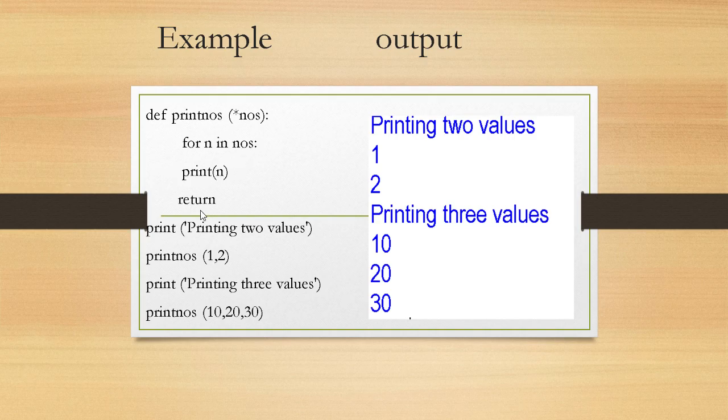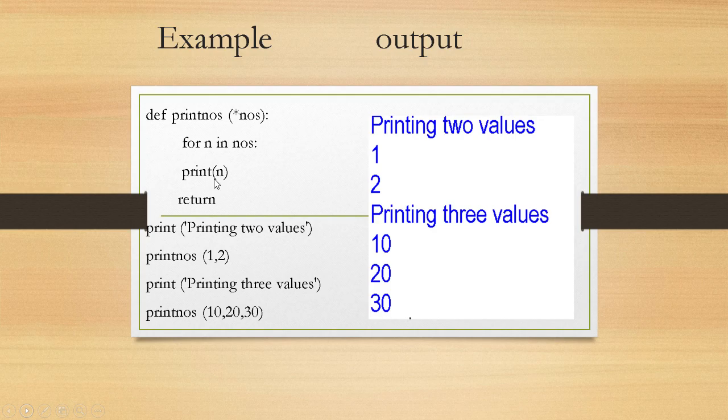Coming to the main program, we have 4 statements. Printing 2 values will be printed. Next, this is the call statement, print numbers 1 comma 2. How many values are given? Only 2 values. So here NOS takes 2 values. 1 and 2 will be assigned to NOS, and using the for loop we are printing those values.